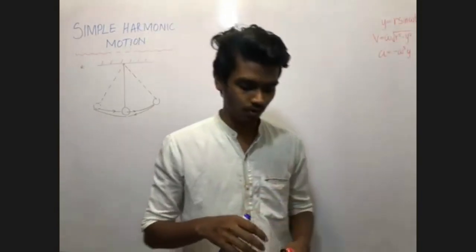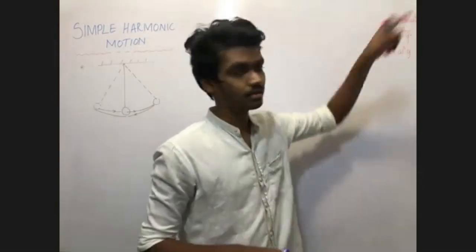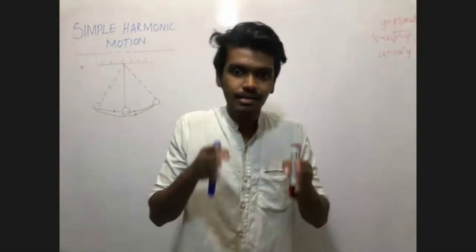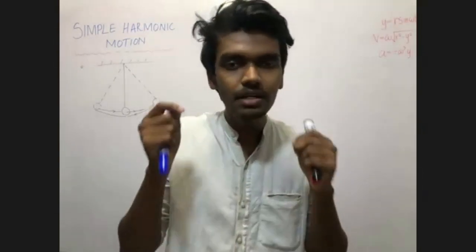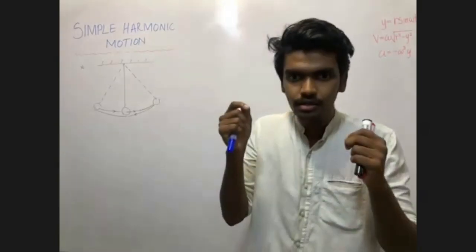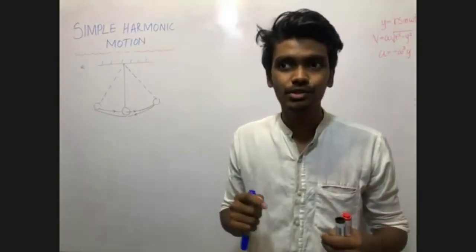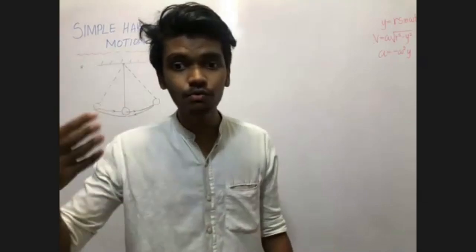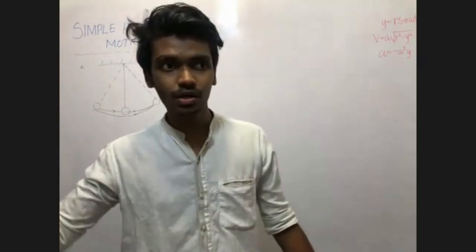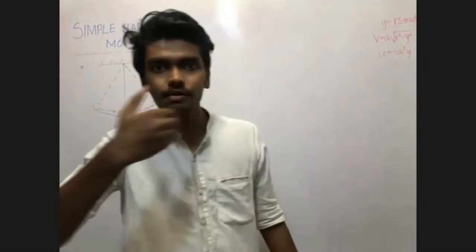What do we call this point R? R is the maximum displacement possible by a simple harmonic motion. Can a simple harmonic motion move as much as it wants? No, it can move a certain maximum displacement.